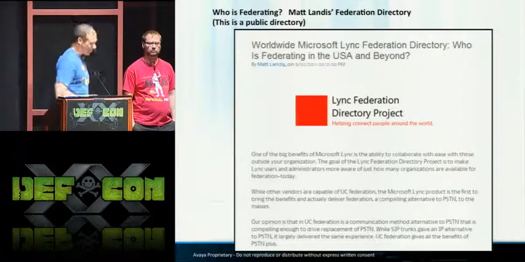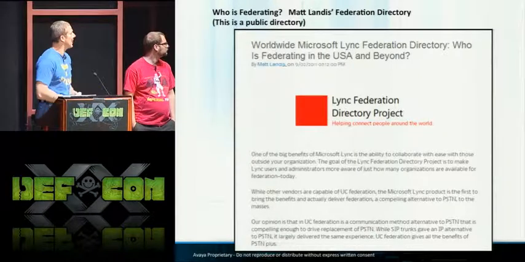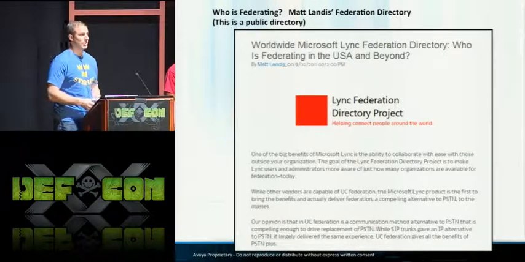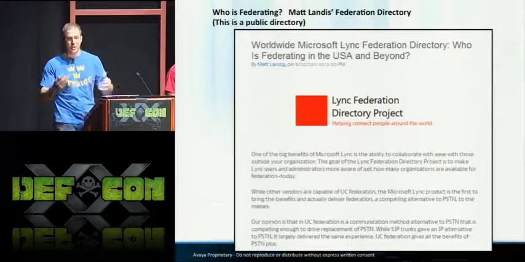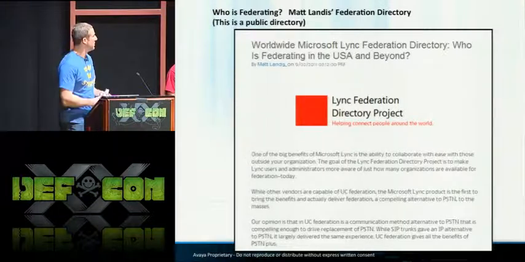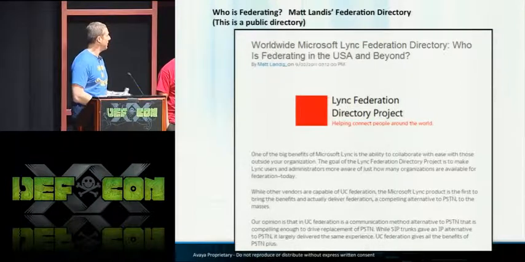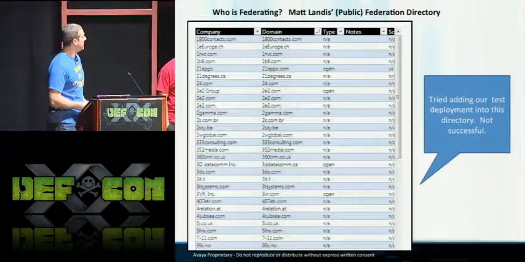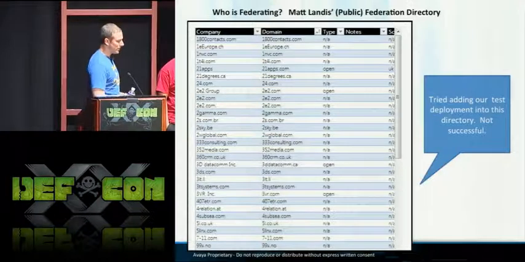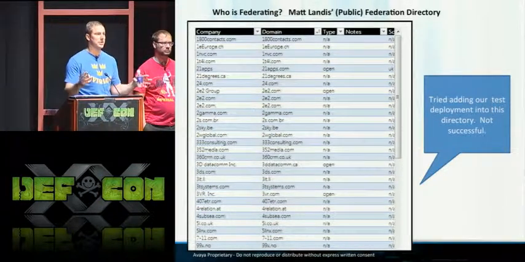And what's going on here in the industry? If you look at this guy here, Matt Landis, he's published a public federation directory. What they're doing is creating education and awareness among other Link users, other Microsoft UC users, to let people know who's doing federation. So he published this directory, and with Carl and Bill and myself, we set up our own Microsoft UC honeypot.